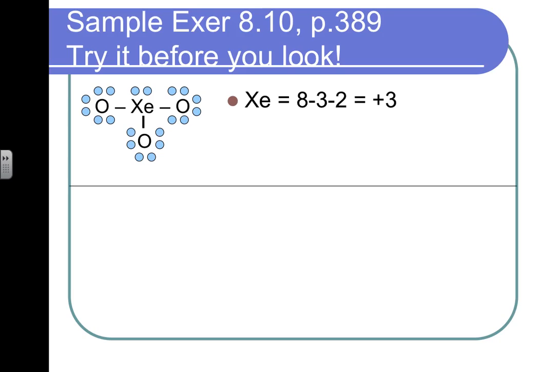So if you calculate the formal charge of xenon, 8 minus 3 minus 2, and again, the 8 is the valence electrons, 3 is the bonds, 2 is the lone electrons, you get a formal charge of positive 3. If you look at all the oxygens, they're equivalent with negative 1s, and so when you put it onto the structure, you can see that that's a pretty steep magnitude of formal charge.